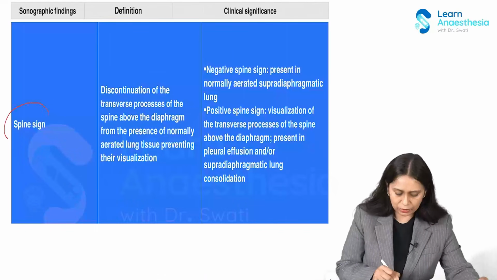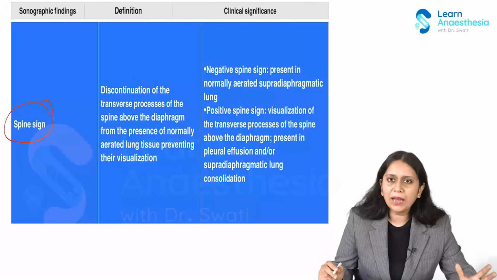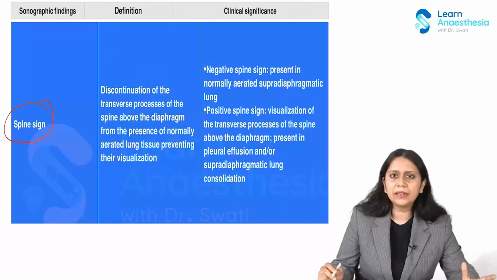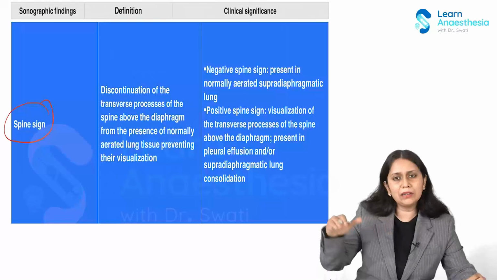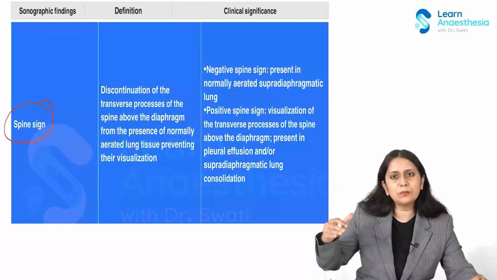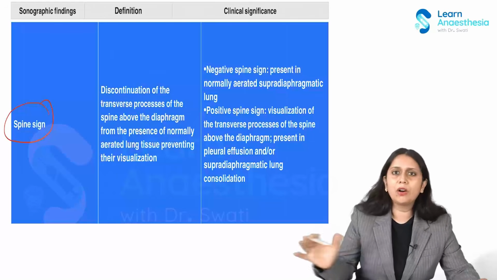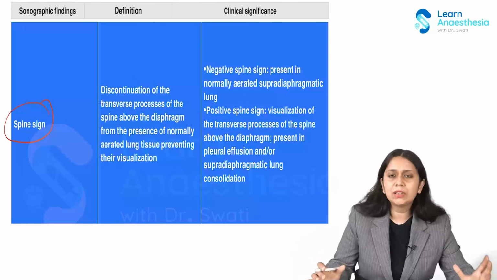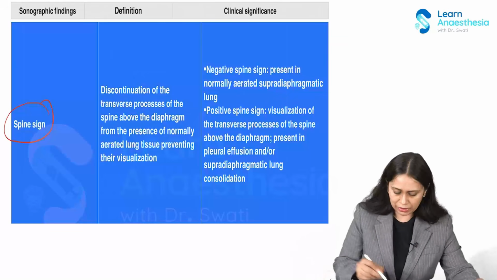Then spine sign. What is the spine sign? Spine sign is the sign in which the transverse process of the spine becomes visible above the diaphragm, and this happens with pleural effusion, right?